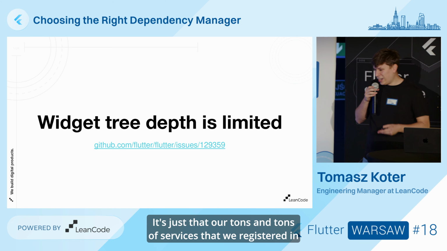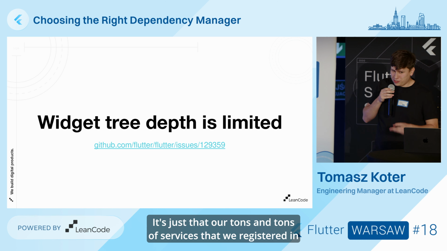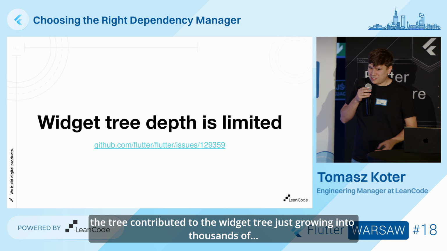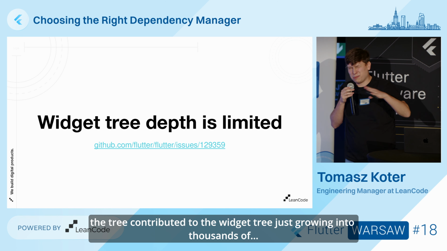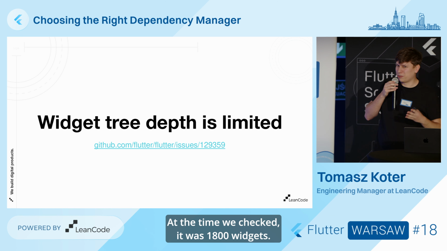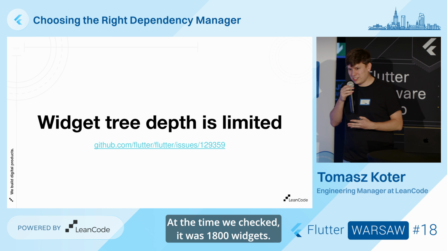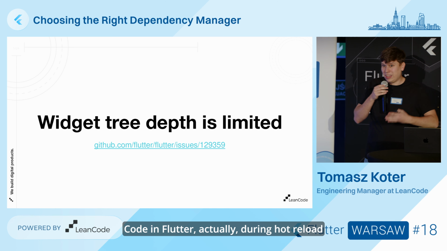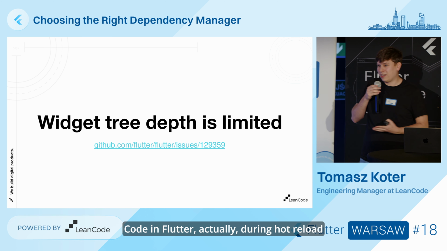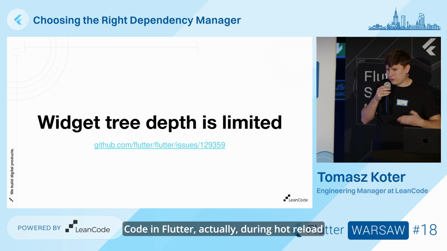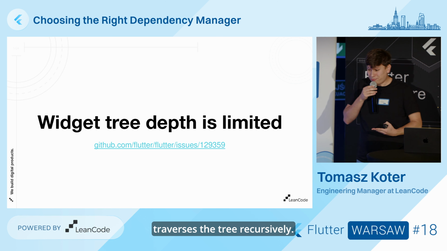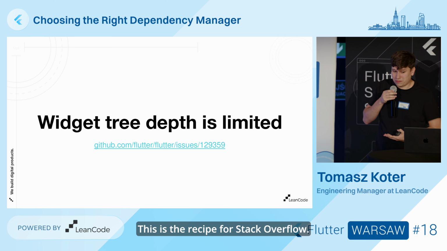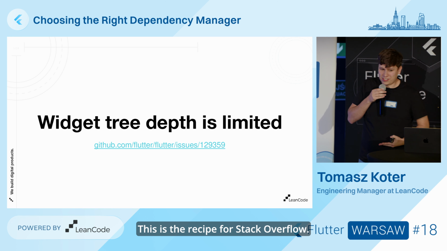It's just that the tons and tons of services that we registered in the tree contributed to the widget tree growing into thousands, at the time we checked, it was 1,800 widgets. And code in Flutter during hot reload traverses the tree recursively. And this is a recipe for a Stack Overflow.